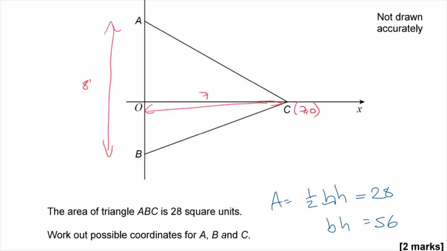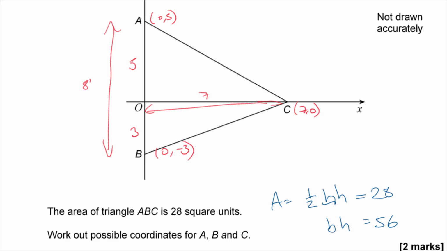Now, if the distance between A and B was 8, it looks like the distance between A and O is bigger than the distance between O and B. So let's say that one there is 5 and that one there is 3. That would make the coordinates of A 0, 5, and the coordinates of B would be 0, -3.